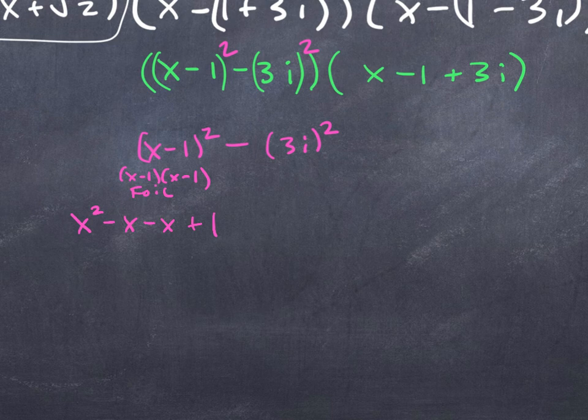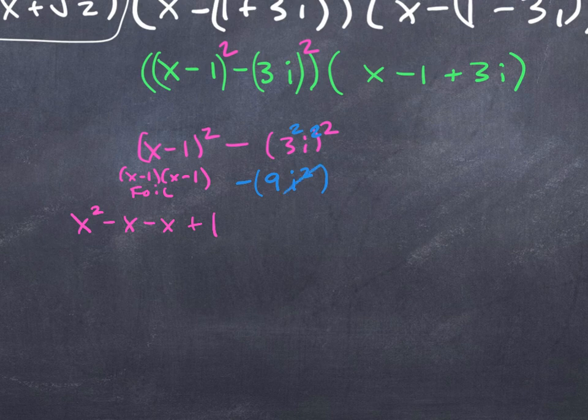All right, now to negative 3i squared, or minus 3i squared. What do we do here? Perfect. Got to make sure we square both things inside the parentheses. So 3 squared would be 9, i squared. And this is minus. What's i squared?